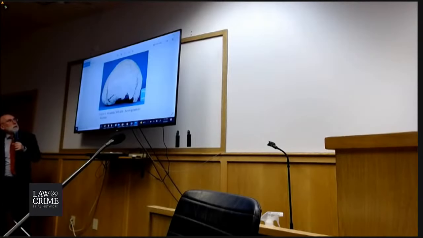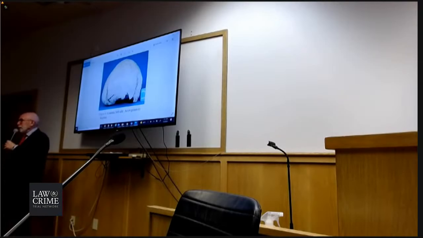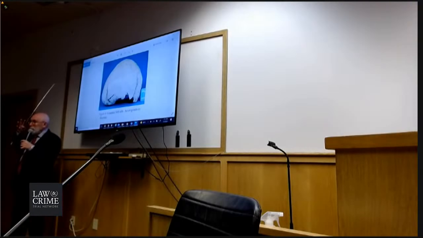The suture on the left side of the photograph is the coronal suture, right? That's correct. Naturally occurring phenomena in just about everyone, right? That's correct. Where the two bones fuse together. That's correct. When you think of the skull, it's not one bone.